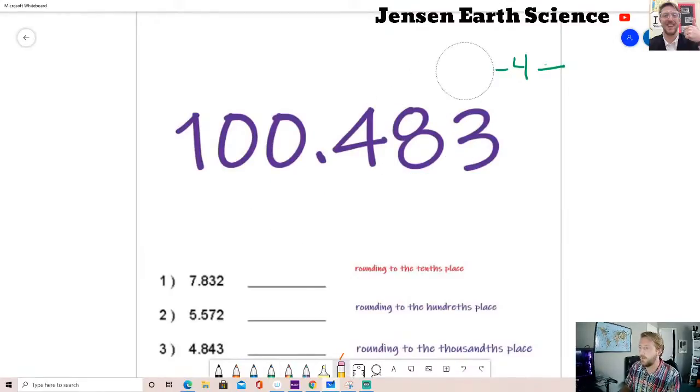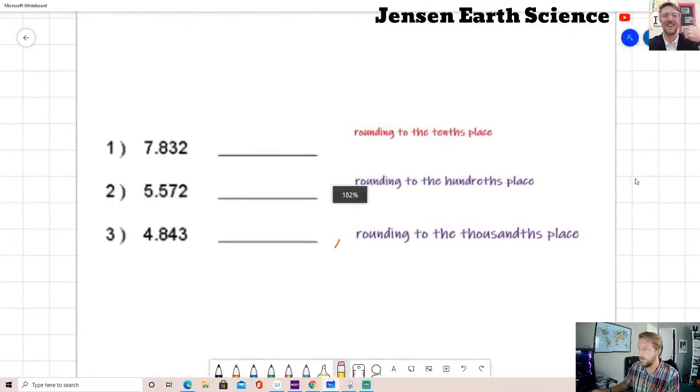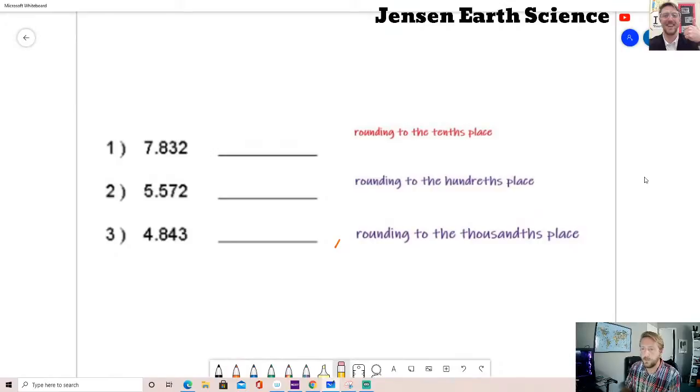All right, so I have a couple examples that we can look at here. My first example is the number 7.832. And my instructions say rounding to the tenths place.